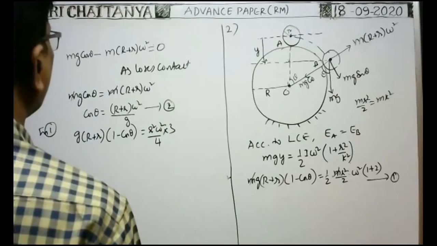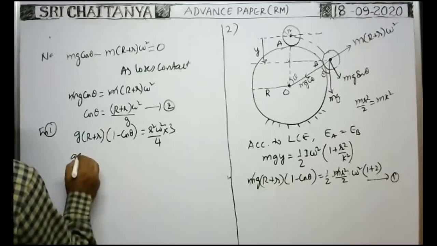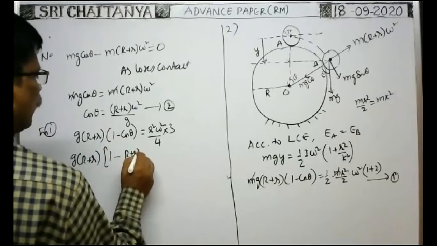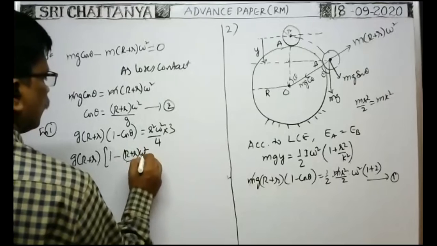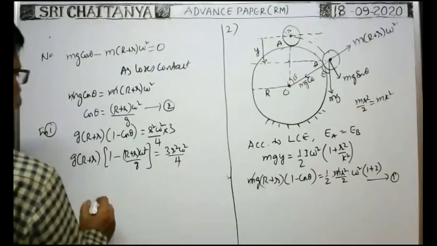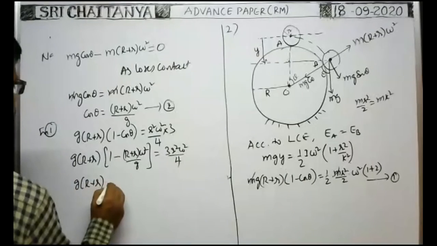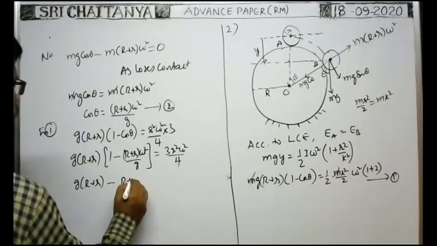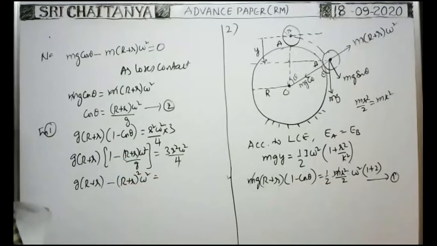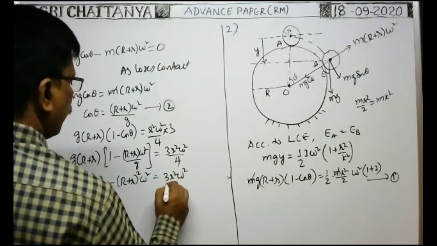Here we have to find the angular velocity. That's why g(R plus r) into (1 minus cos theta), with cos theta being (R plus r) omega square by g, is equal to 3r square omega square by 4. Therefore you multiply them: g(R plus r) minus g cancels, so (R plus r) into (R plus r) whole square into omega square is equal to 3r square omega square by 4.